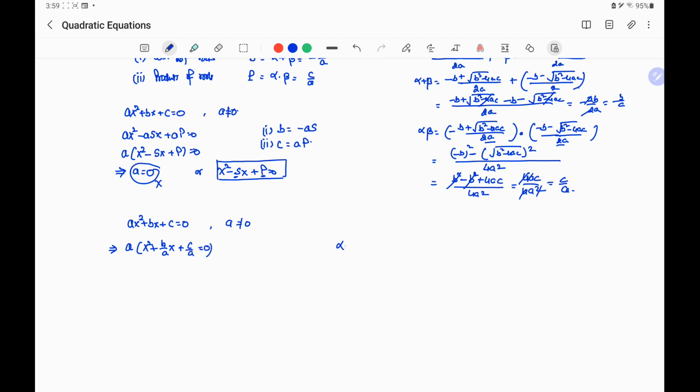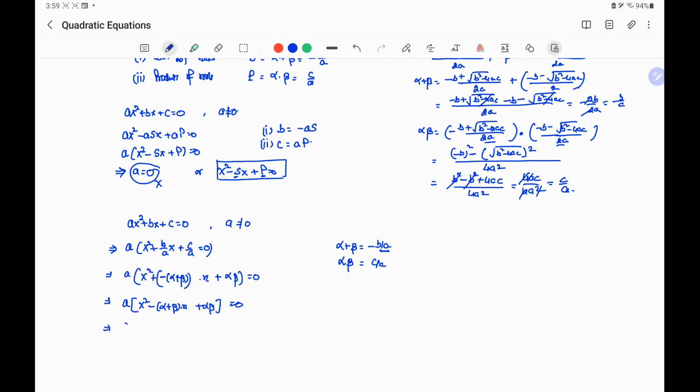We have already mentioned that alpha plus beta, the sum of roots, equal to minus b by a, and the product of roots alpha beta equal to c by a. So this implies that a into x square, with this b by a replaced by the sum, minus of alpha plus beta, into x plus, and this c by a is alpha beta, and it is equal to 0. So we will have a into x square minus alpha plus beta into x plus alpha beta. This is equal to 0.